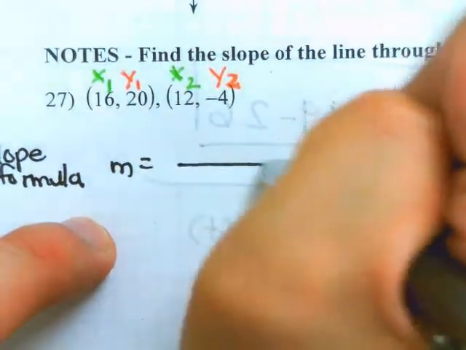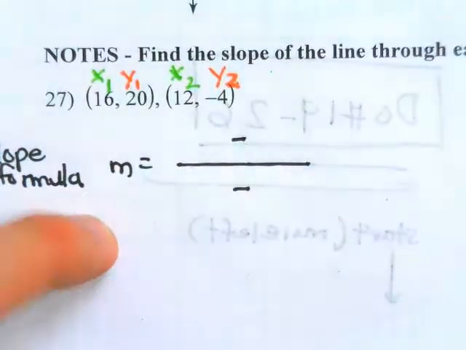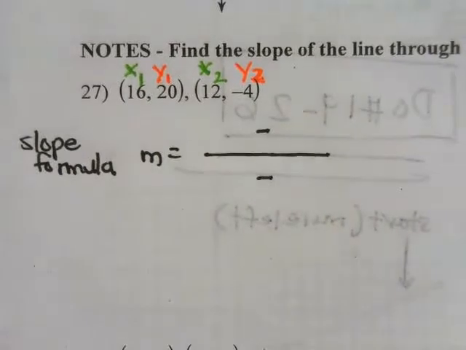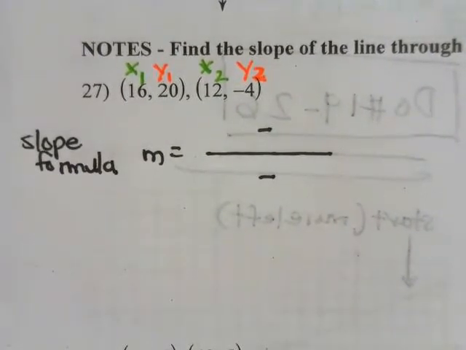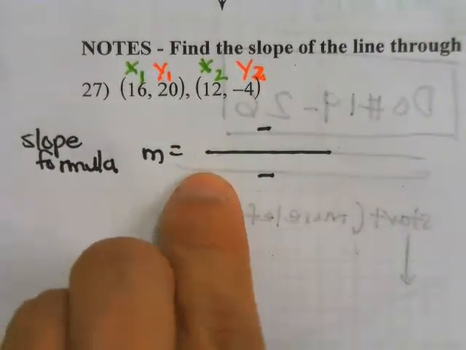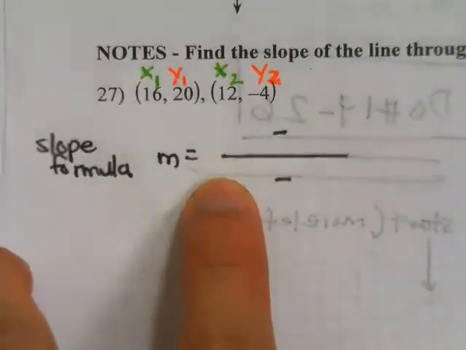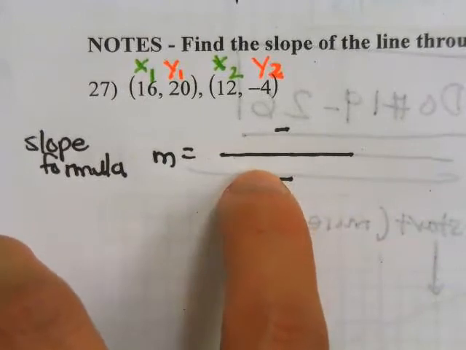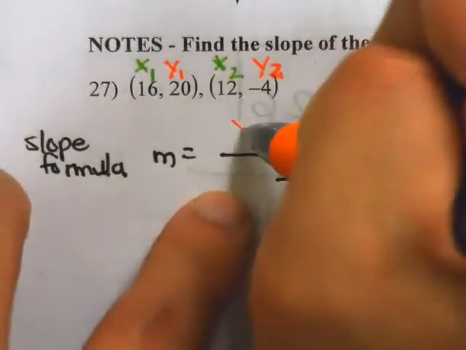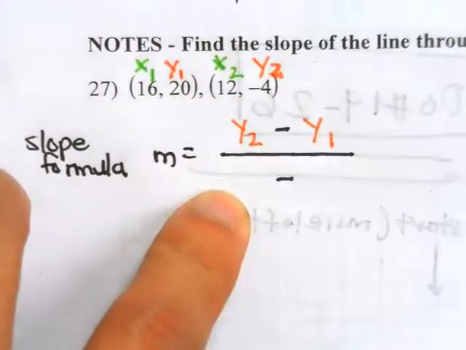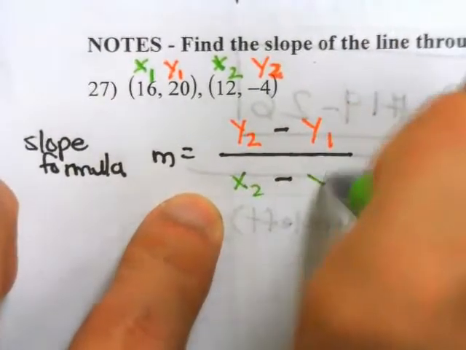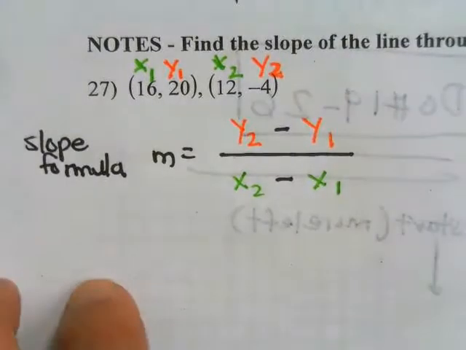This may have been taught in your previous formal mathematical education, and if not, it's here right now. It is a fraction. You are going to take the differences of the y's and the differences of the x. What does that mean? y2 minus y1 over x2 minus x1.